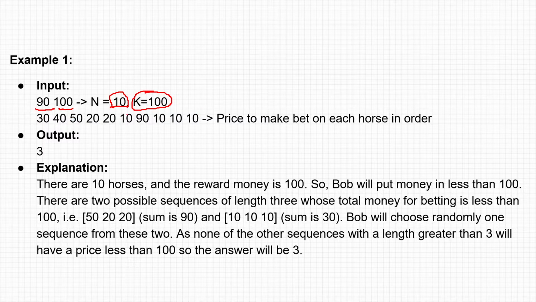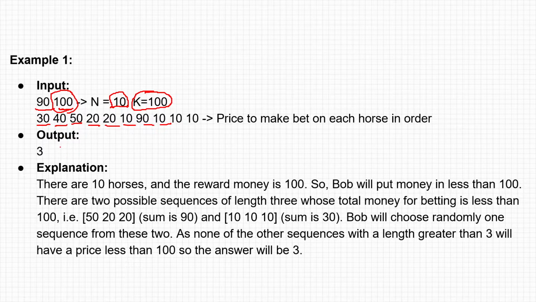So now the price to make a bet on each horse in order: the first horse has its value at 30 rupees, second one 40, 50, 20, 20, 10, 90. So now we will see what is the value that he can put. So there are 10 horses and the reward that he is going to get is 100. So Bob will put money in less than 100.